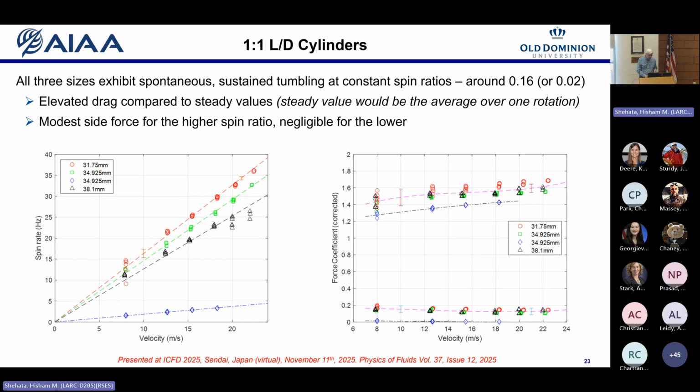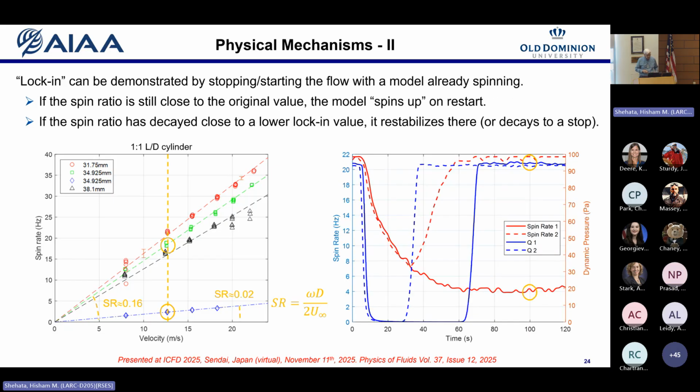The lock-in phenomenon: is it really locked into the flow? You can take the same data, same condition, start the tunnel up, reach a certain spin rate, which is up in here somewhere, and then stop the tunnel. The blue is the tunnel dynamic pressure. Red is the observed spin rate of the model.